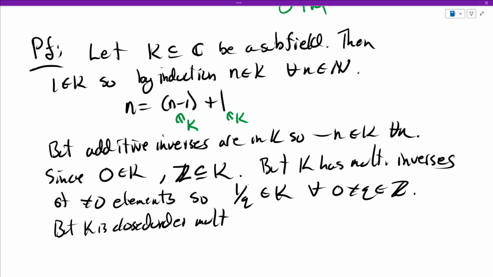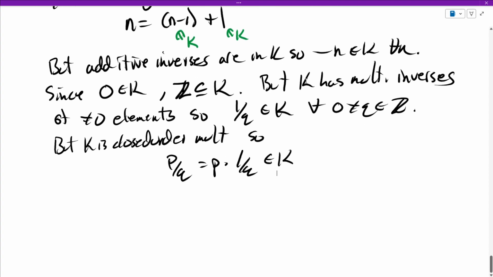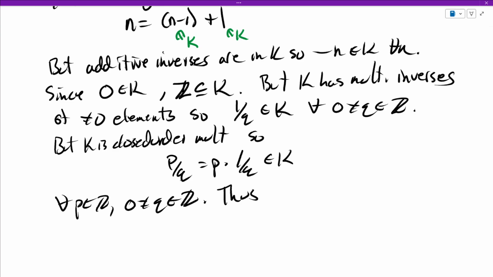And since you have all integers and you have all reciprocals of integers, you have p over q. So p over q, which is p times 1 over q, is in K for all p in Z and 0 not equal to q in Z. But that's exactly the set of all rational numbers.